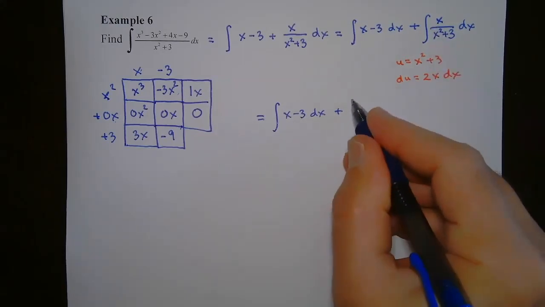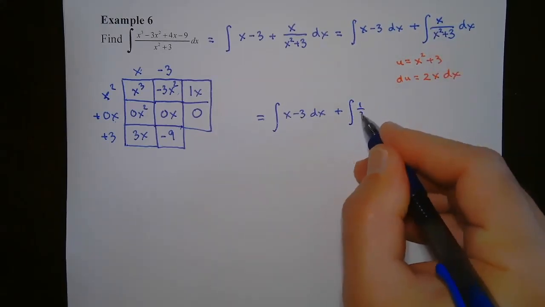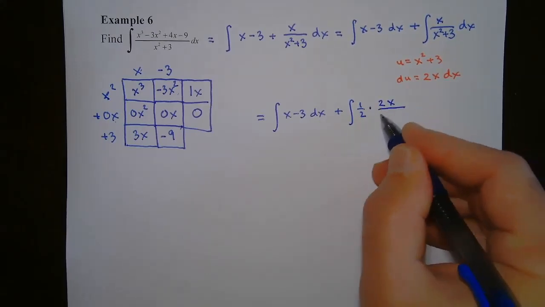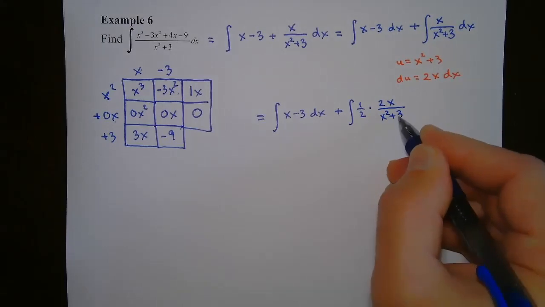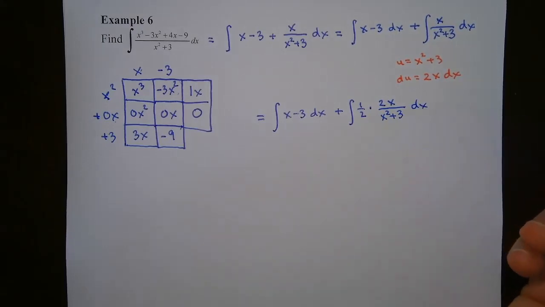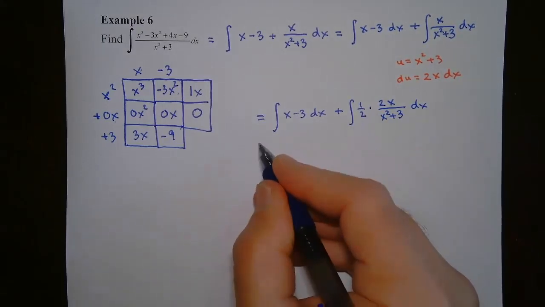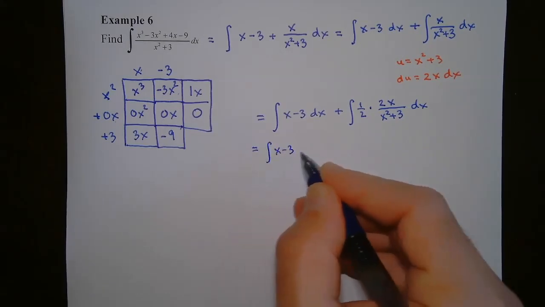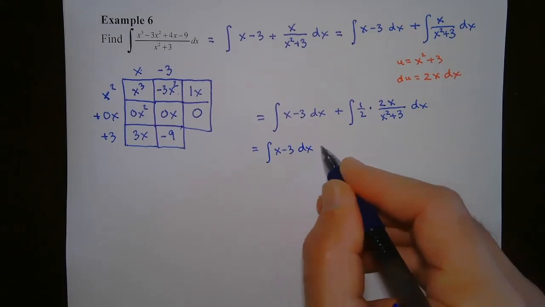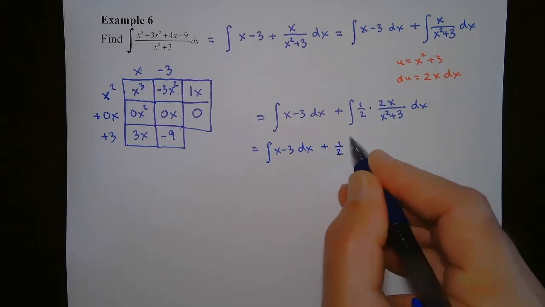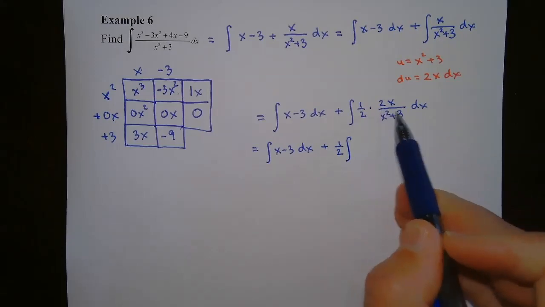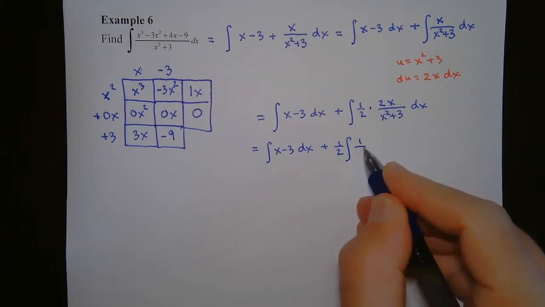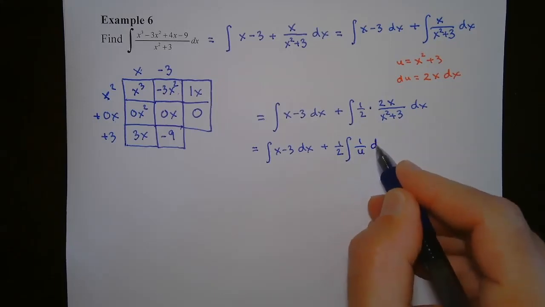So this is the integral of 1/2 times 2x over x squared plus 3 dx. This 1/2 is going to come out. So this is the integral of x minus 3 dx plus 1/2 the integral of 2x dx makes my du, and the x squared plus 3 is u. So this is 1 over u du.